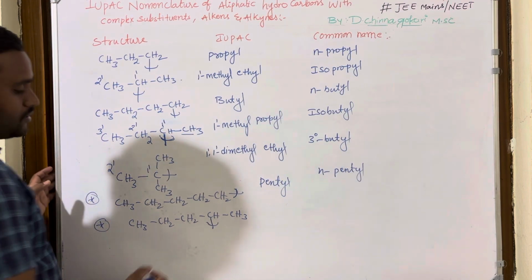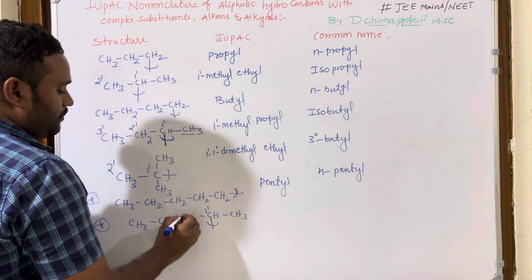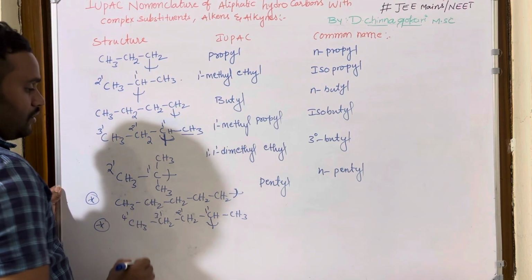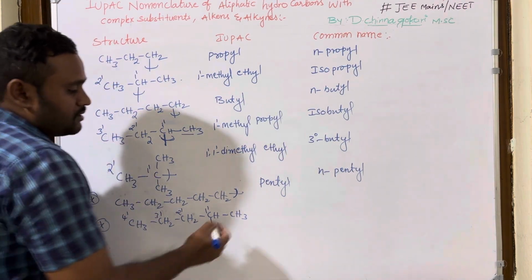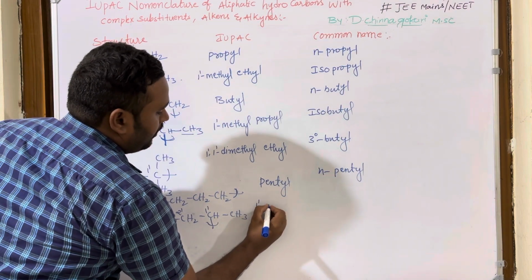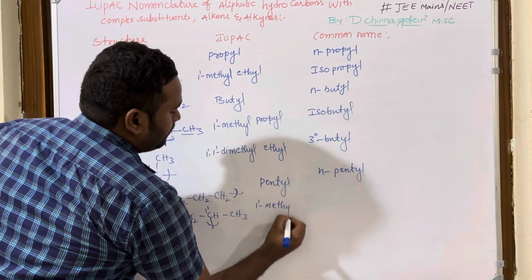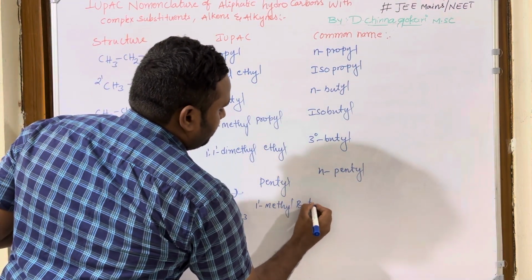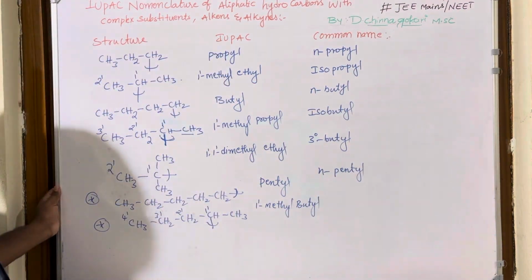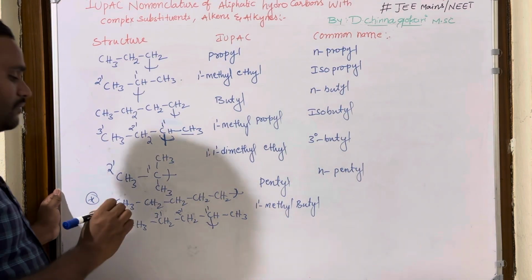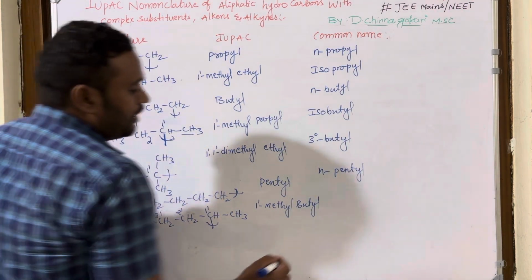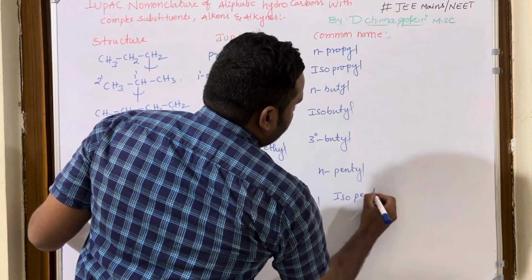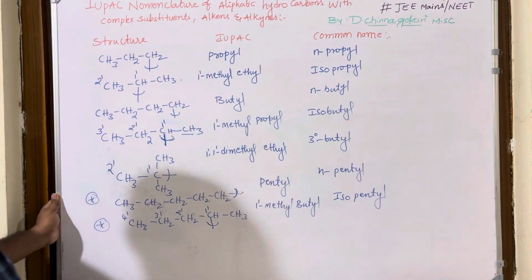As usual, we will write the numbering 1 prime, 2 prime, 3 prime, 4 prime, and IUPAC name is 1 prime methylbutyl. And what is the common name of this compound? It is called isopentyl.